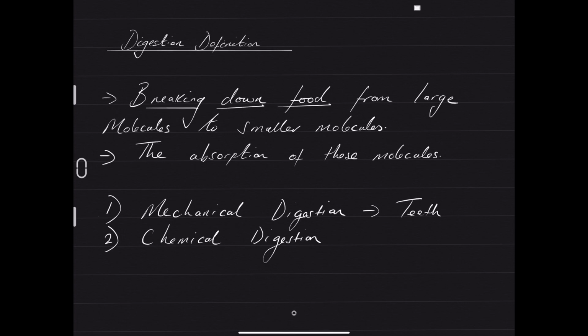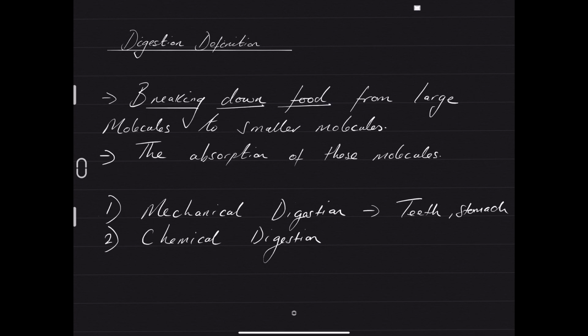So the initial point of mechanically chewing your food is an example of mechanical digestion. Another example you may have put down is the stomach. Those of you who've put down the stomach, this is an example because the stomach is involved in churning the food, and it does this via specialized muscles. So examples of mechanical digestion: teeth and stomach.